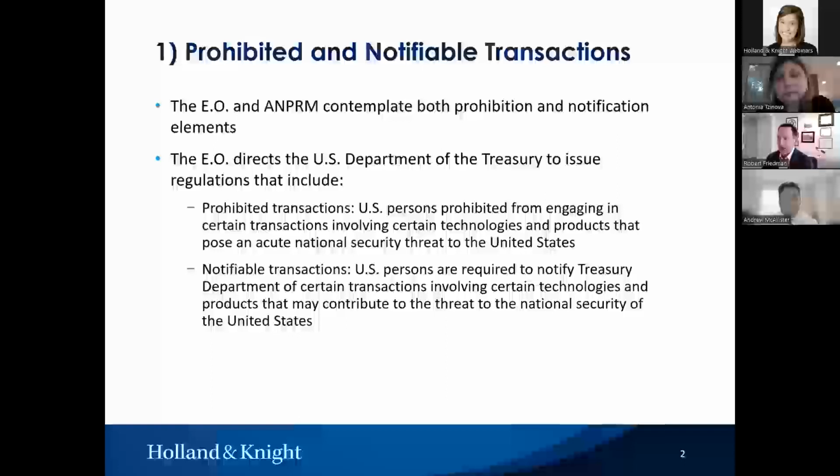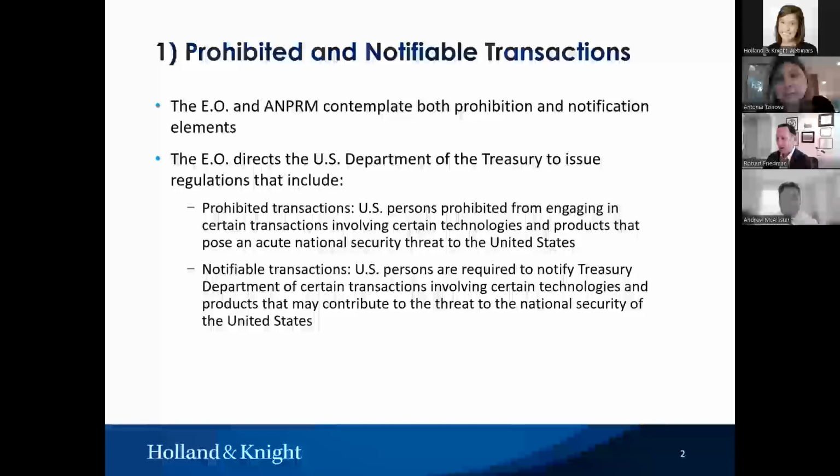Unlike the inbound review program that many of you are familiar with in the CFIUS context, in the proposed rules, Treasury stated that it does not intend to conduct a case-by-case review of outbound investments. Rather, the proposed rules envision the onus being placed on transaction parties and primarily U.S. investors to determine whether a given transaction is prohibited, subject to notification, or permissible without notification.